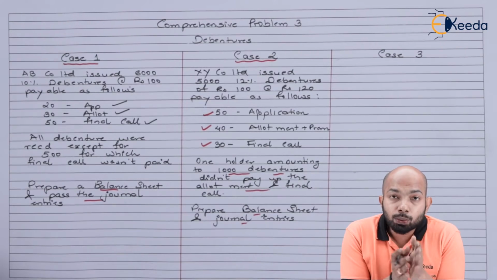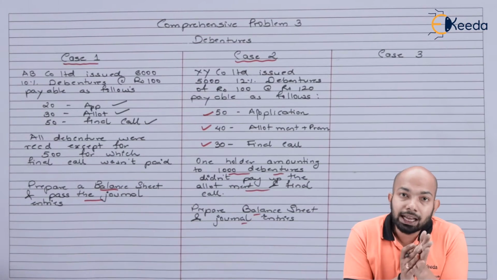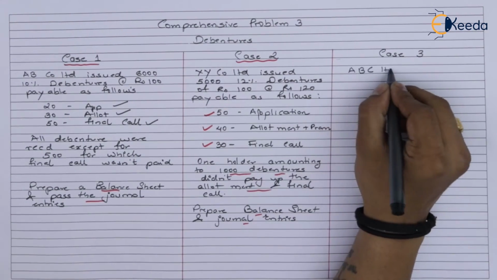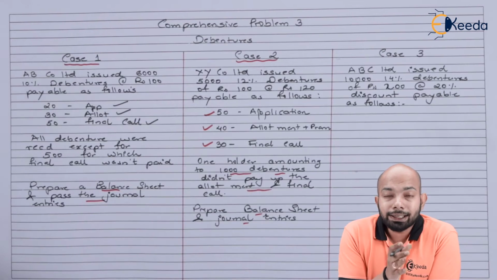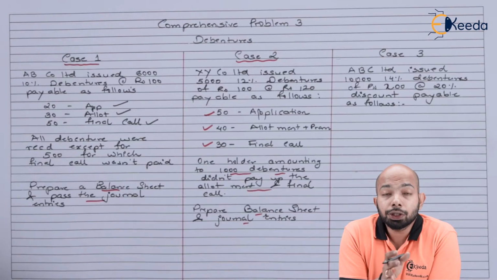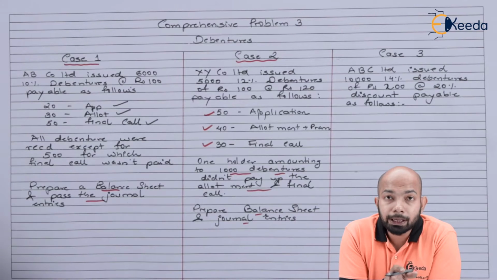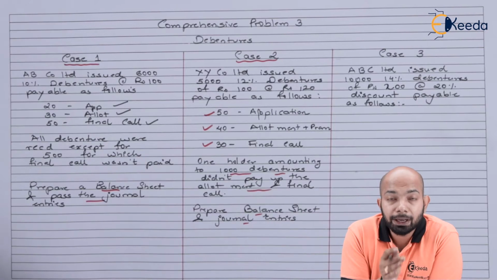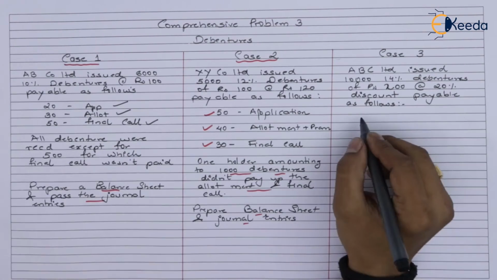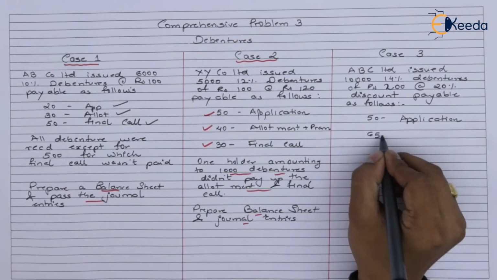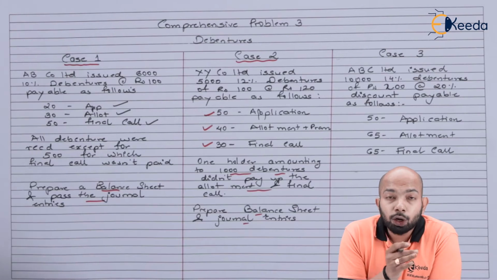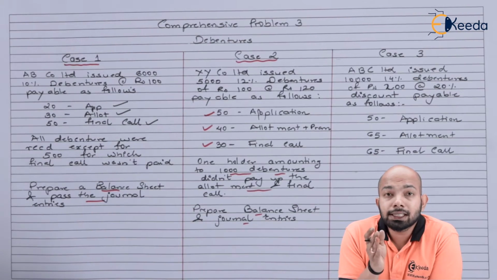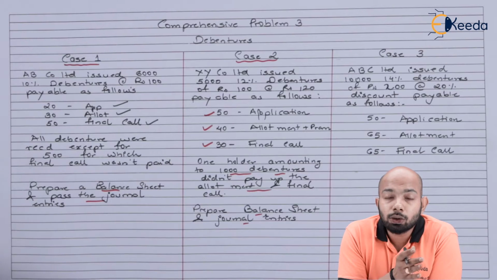Now, the next case will refer to the issue of debentures at discount. Case 3 refers to ABC Company Limited, which issued 10,000 14% debentures of rupees 200 each at 20% discount, payable as follows: 50 rupees on application, 65 rupees on allotment, and 65 rupees on final call.